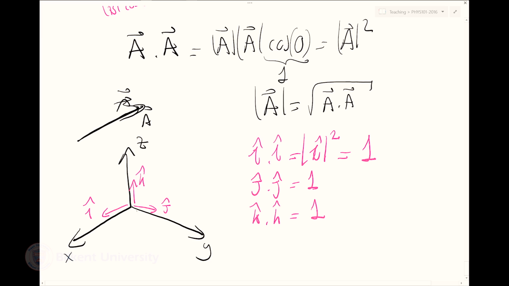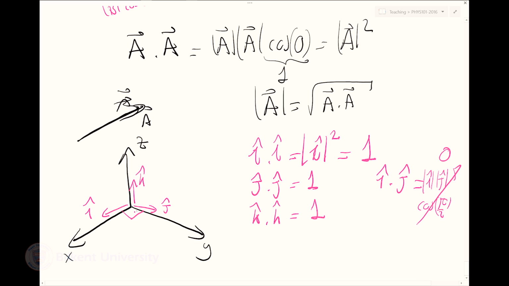How about i hat dot j hat? 0. What was my definition? It must be the magnitude of i hat, magnitude of j hat, times cosine of the angle between i hat and j hat. What's cosine of 90 degrees? Cosine of, I'll call it, pi over 2.